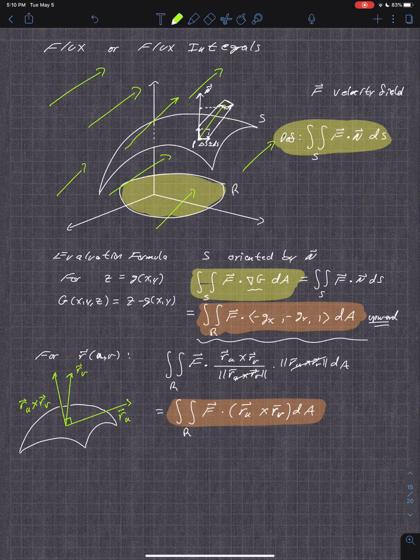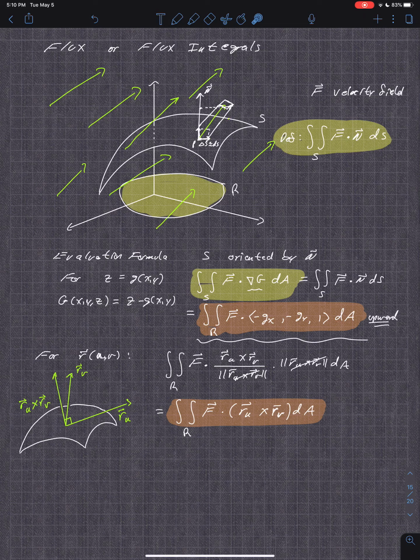Then we can calculate F dot N, and then times the area of the little patch of the surface. And that gives you kind of like the amount of the flux. That's the amount of the velocity that passes through the surface. So that's called flux.